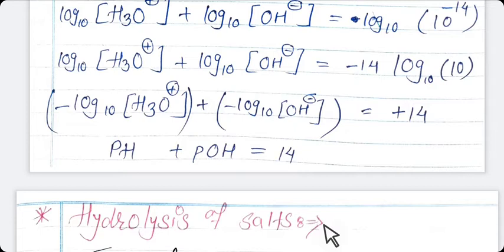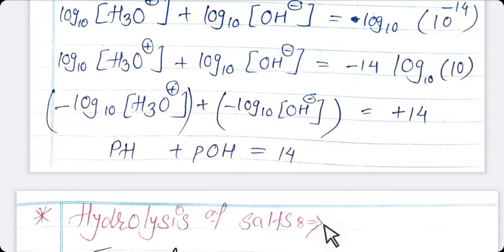Student, always remember, for pure water or any aqueous neutral solution at 298 Kelvin, concentration of hydronium ion is equal to concentration of hydroxyl ion, equal to 1.0 × 10^-7 molar. It means that pH is equal to 7 for neutral solution.